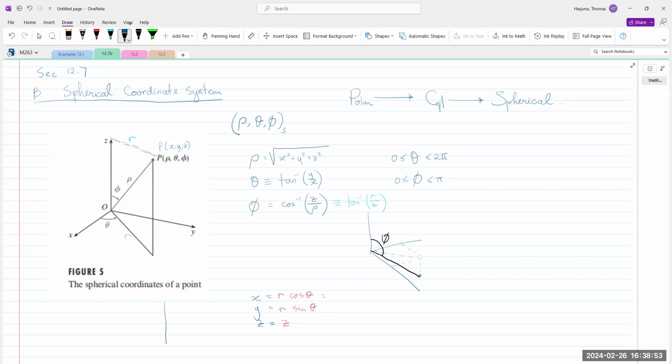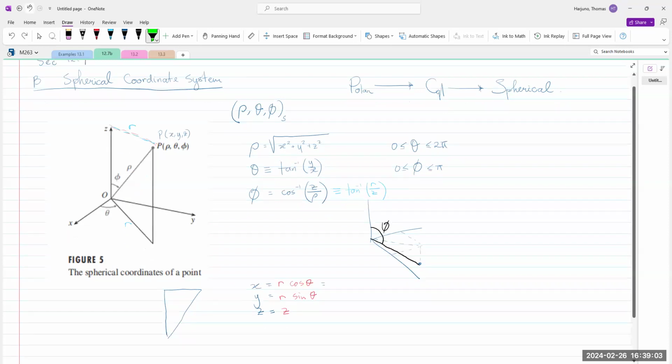If I see this r from this right triangle point of view, if I see that r sideways, you will see that this is the r, this is the z, and this is the phi, right? In other words, r equals rho sine phi, is it right?